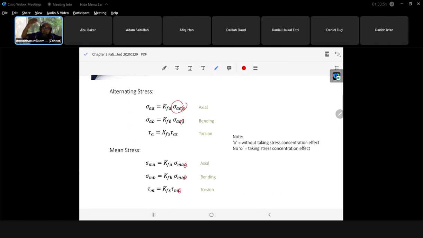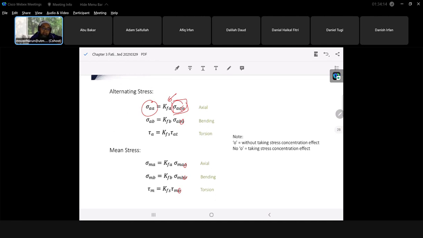When you calculate, you get this fatigue stress, the original. Once you have multiplied with the factor, then you will get the real. That's the difference. That's just symbol.